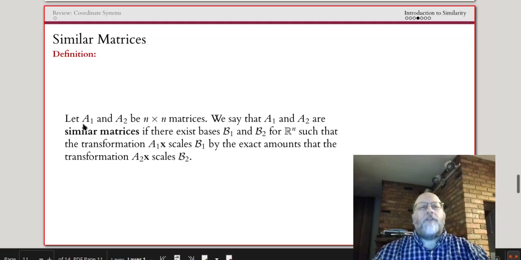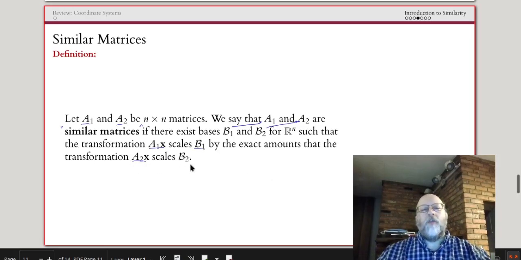And our other definition: let's say we have two matrices. We say that they are similar matrices. This is a term we're defining. If there's a basis that works for A1 and a basis that works for A2, so that the transformation A1 scales B1 by some amount, and A2 scales B2 by the exact same amounts.